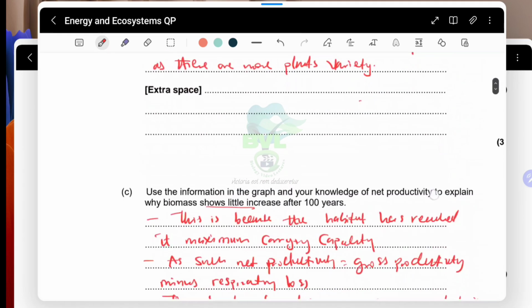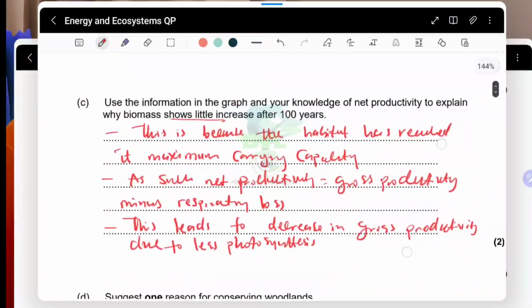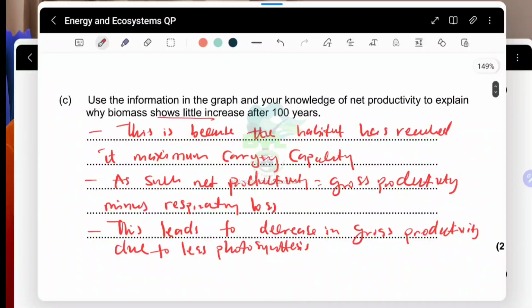So what happened was that the habitat has reached its carrying capacity. Sometimes we call it climax community. So as such, the net productivity equals gross productivity minus respiratory loss.